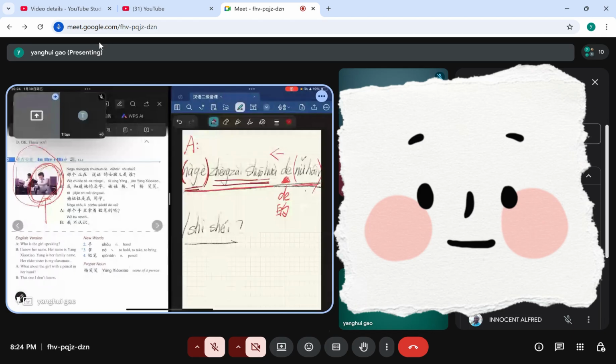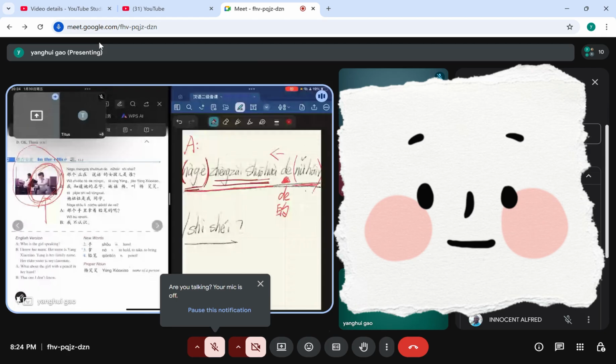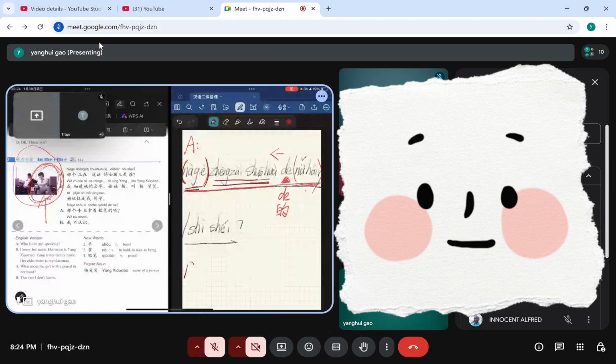And then B says, 我知道她的名字. 我知道 is I know, to know, 知道.